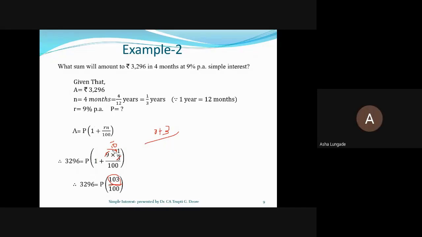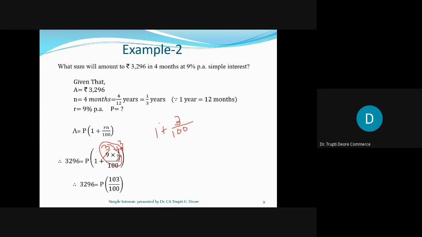Ma'am, repeat again. Okay, just a minute. I will erase all these points. Okay, what we have done, we have put the values. 9 is divided by 3, so we get 3. So 3 into 1 becomes 3. So what was this? It becomes 1 plus 3 by 100, right?